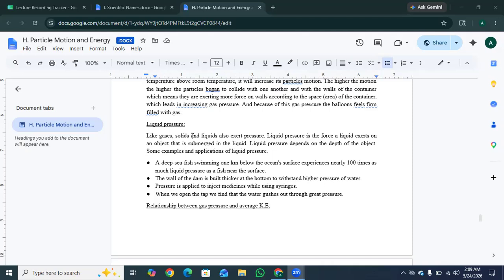Like gases, solids and liquids also exert pressure. Liquid pressure is a force a liquid exerts on an object that is submerged in a liquid. Liquid pressure depends on the depth of the object. Some examples and applications of liquid pressure: a deep sea fish swimming 1 kilometer below the ocean surface experiences nearly 100 times as much liquid pressure as a fish near the surface.